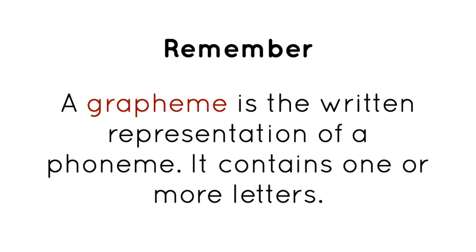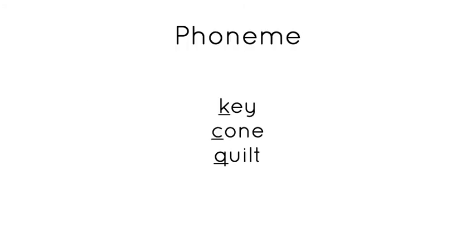Another trick here is that phonemes can be represented by multiple graphemes. For instance, if we think about the sound k, it's represented by the grapheme K in the word key, the grapheme C in the word cone, and the grapheme Q in the word quilt.